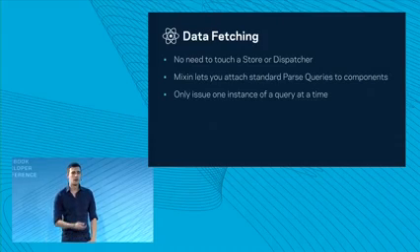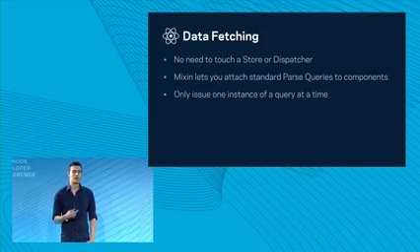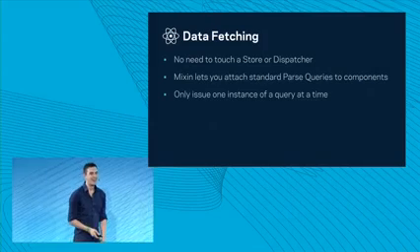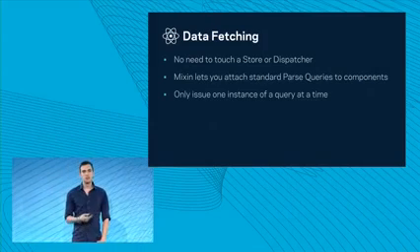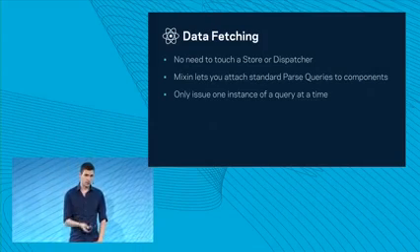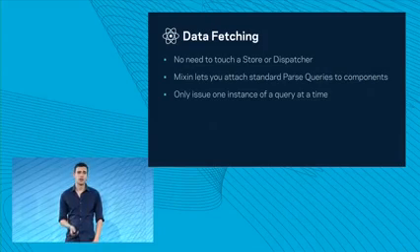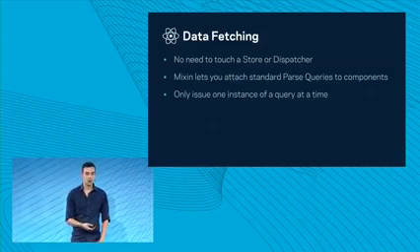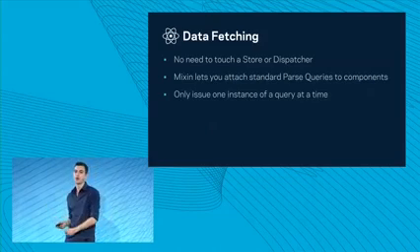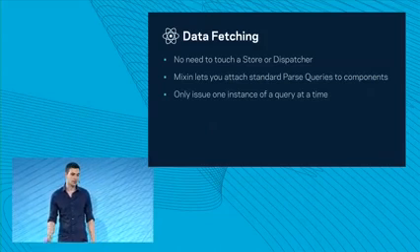And this mixin, the library that actually gives your component these tools, uses real Parse queries from the JavaScript SDK. You don't need to learn another dialect or way of expressing these. We thought that worked pretty well, and so all you have to do is say new Parse Query of this class name and attach conditions onto it.